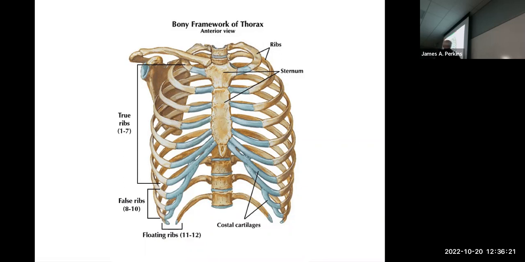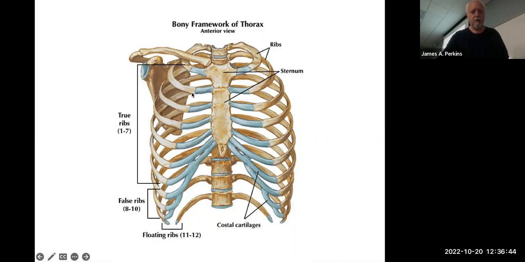This is what anatomists call them. So the first 7 ribs, ribs 1 through 7, are known as true ribs. And the thing that distinguishes them is, if we look at the second rib here, the rib attaches to one of the thoracic vertebrae in the back, wraps around the side of the thorax and comes around towards the front of the body.